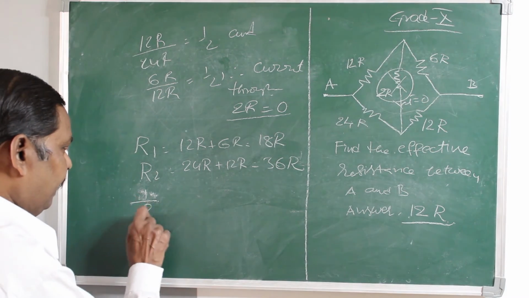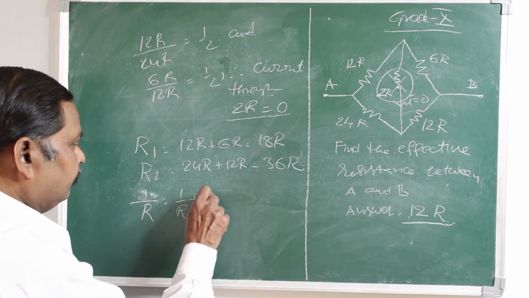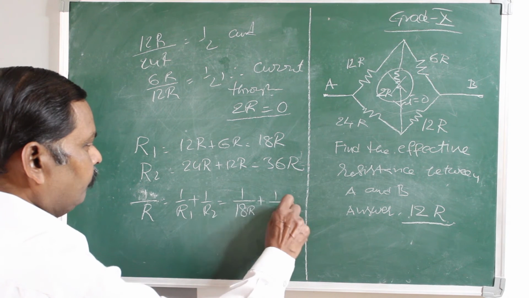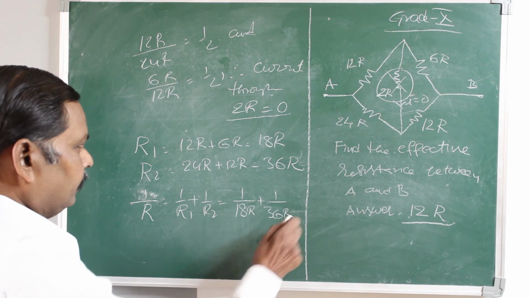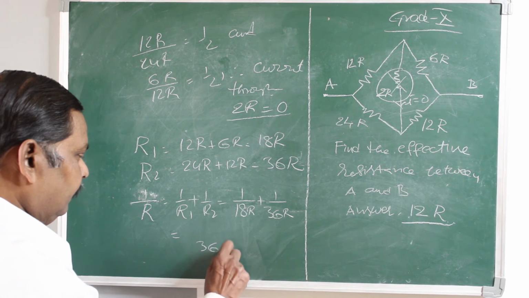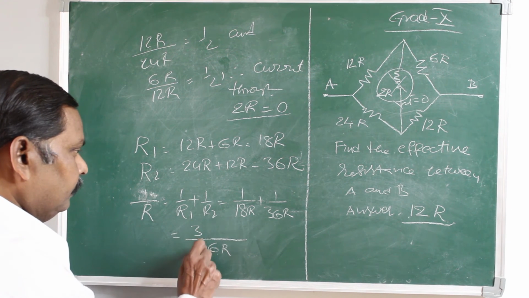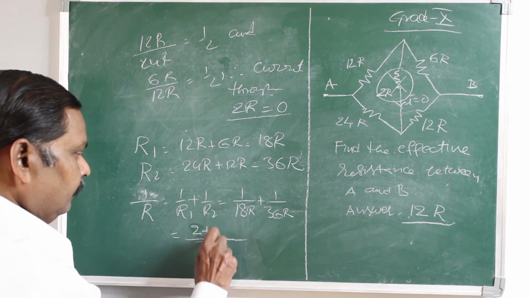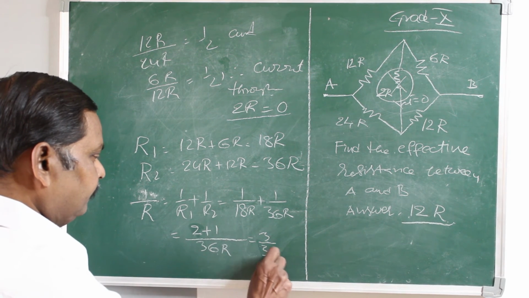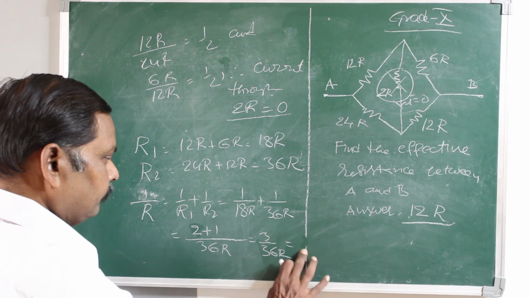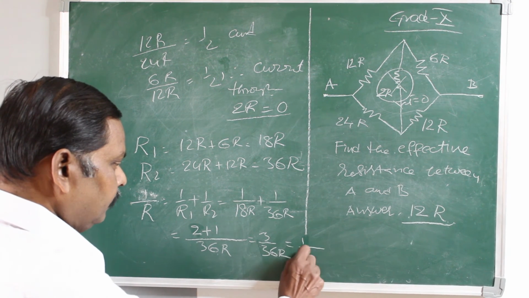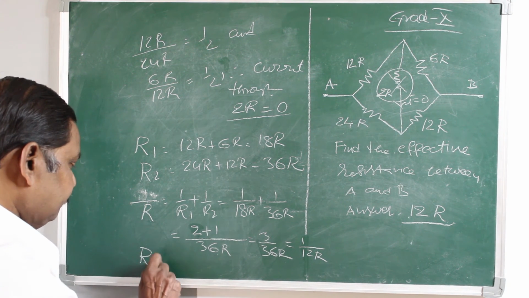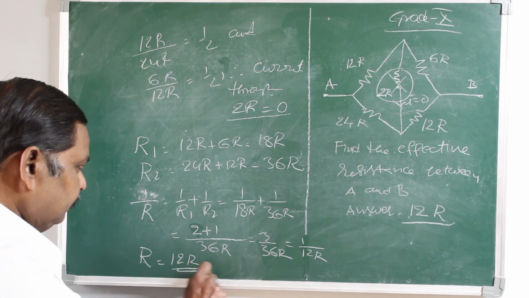So effective resistance: 1 by R is equal to 1 by R1 plus 1 by R2, which is 1 by 18R plus 1 by 36R. 36R is the LCM: 2 plus 1, 3 by 36R, which is equal to 1 by 12R. So 1 by R is equal to 1 by 12R. Then effective resistance R is equal to 12R. This is the final answer.